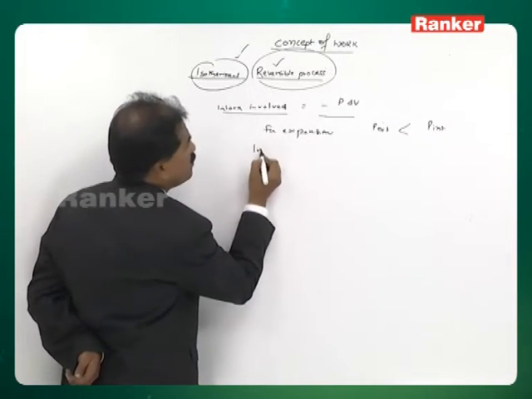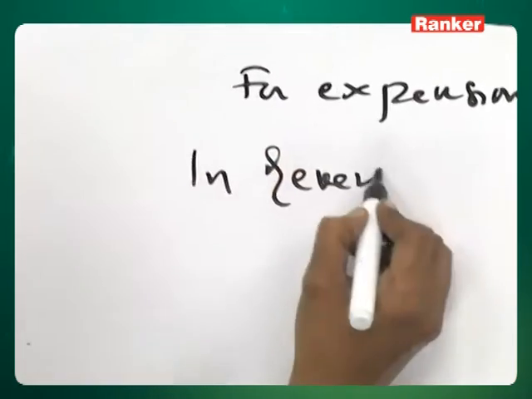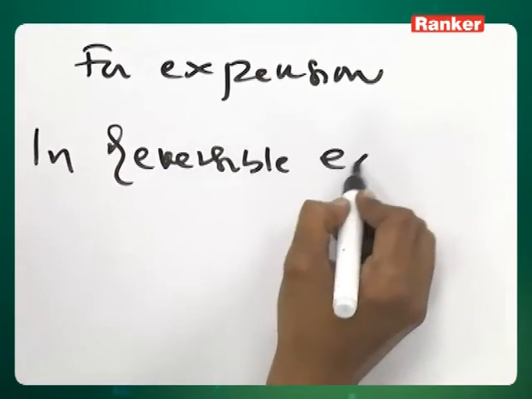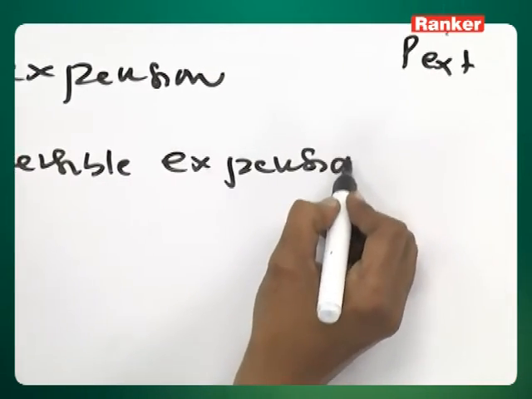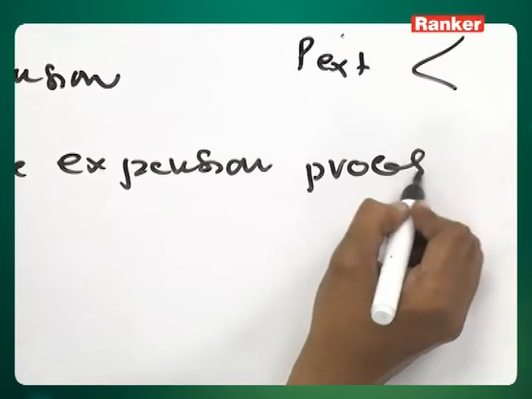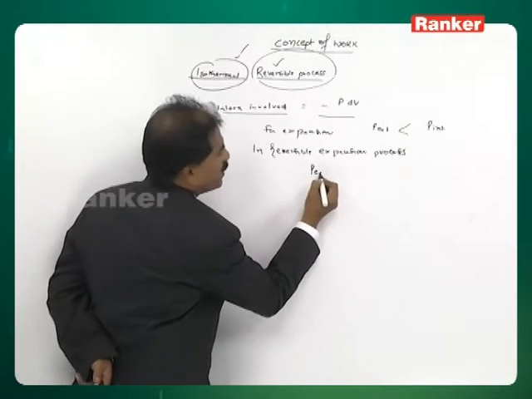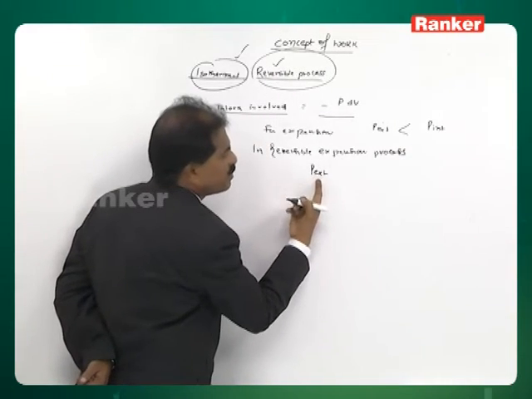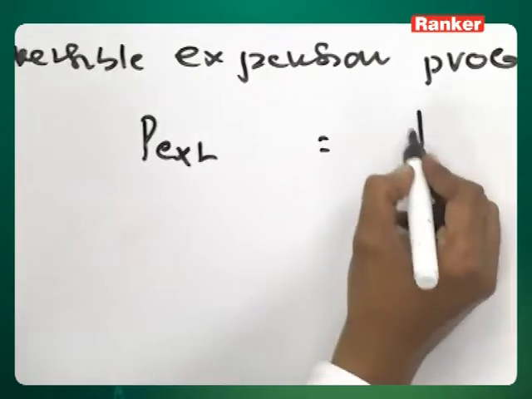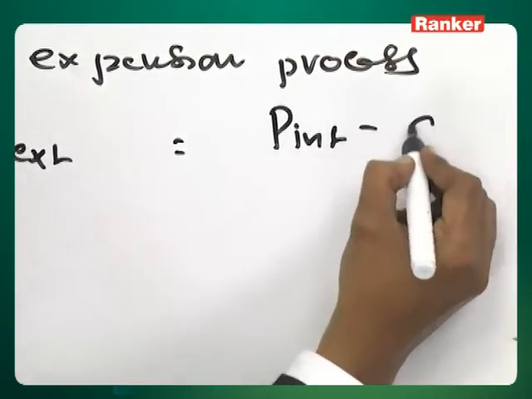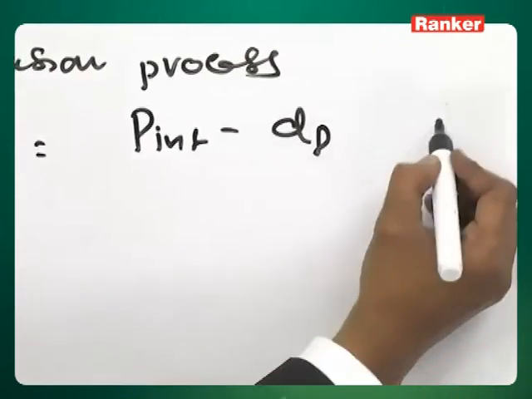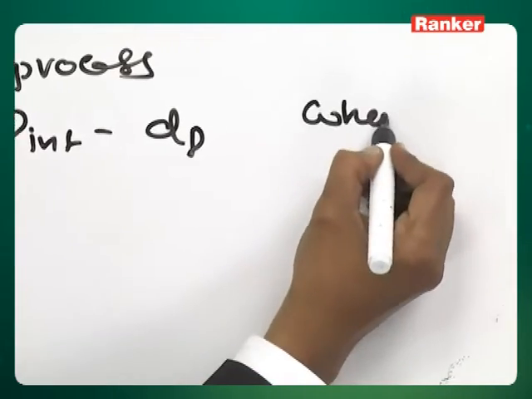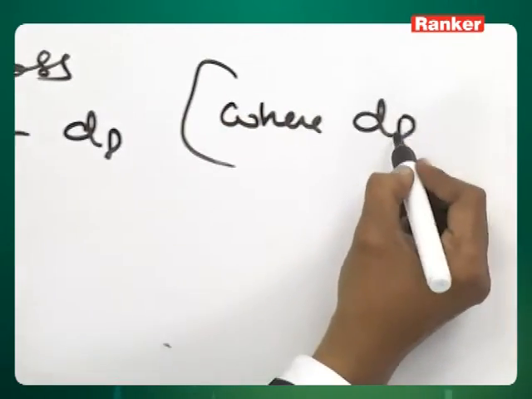Next, in reversible expansion process, P external must be less than the P internal. Therefore, P external is P internal minus dP, where dP tends to 0.